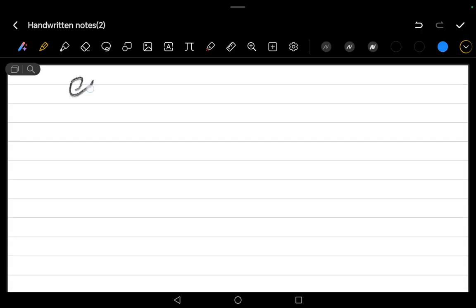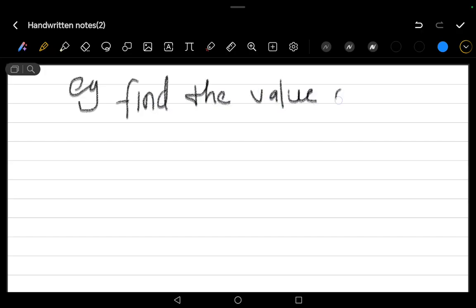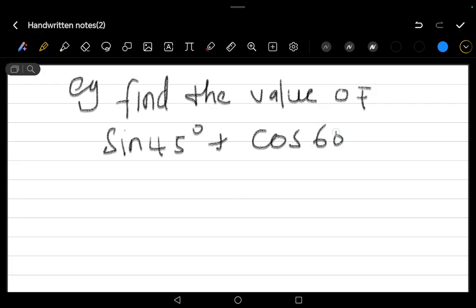Let's say I want you to find the value of sine 45 degree plus cos 60 degree without the use of a calculator.